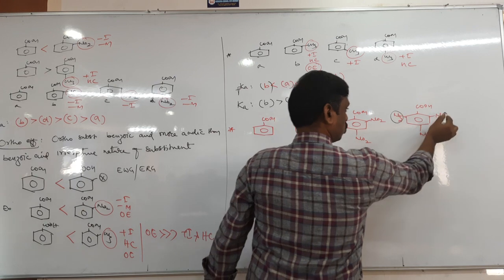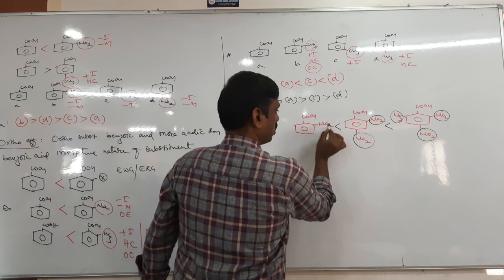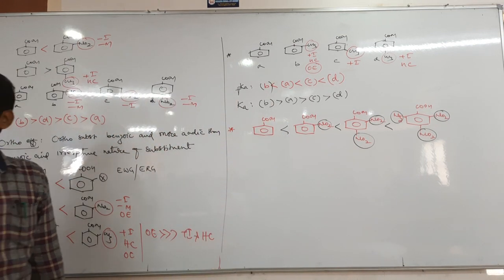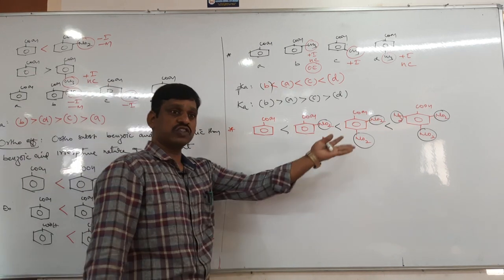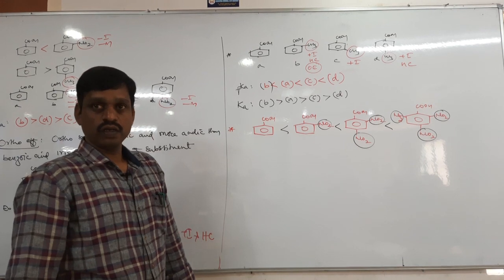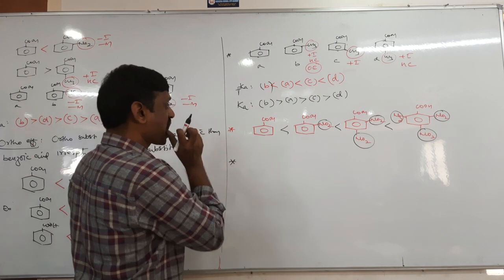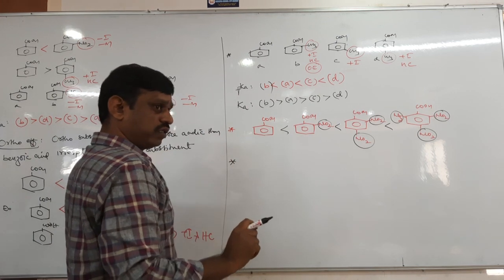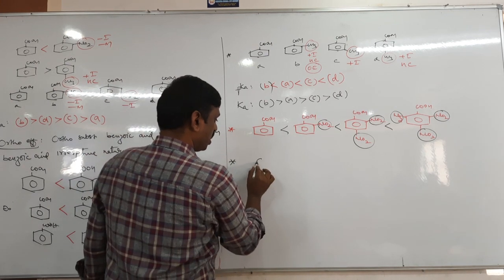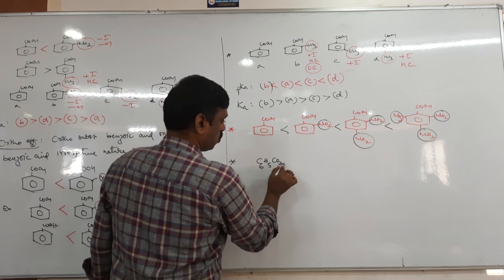There are 3 NO2, 3 electron withdrawing groups, more acidic, then 2 electron withdrawing groups, then 1 electron withdrawing group, then no electron withdrawing group. It means as the number of electron withdrawing groups increases, acidic strength increases. Right? Similarly, in the exam, the question will be like this. Benzoic acid can be written in the form C6H5CO2H.